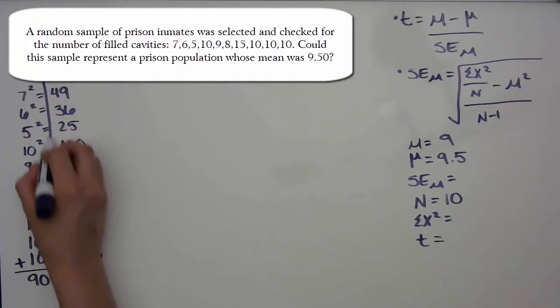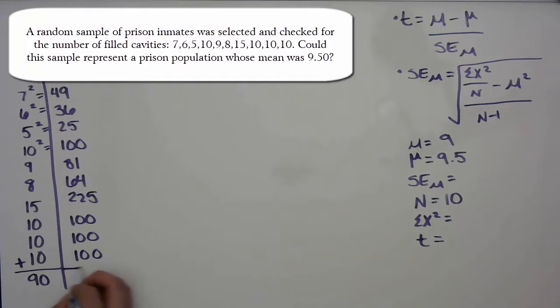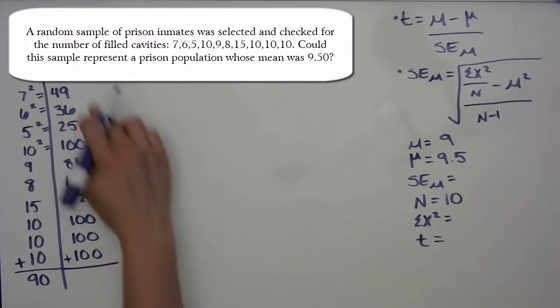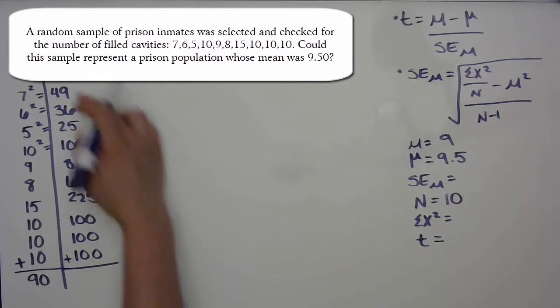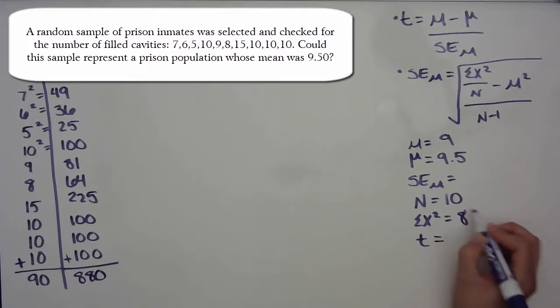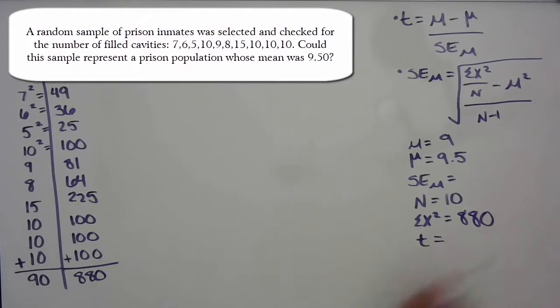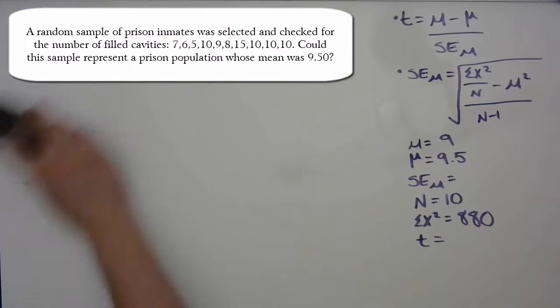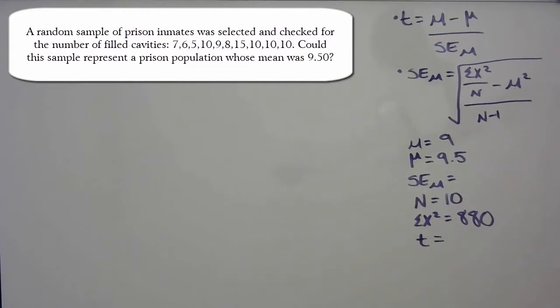Let's draw a line there to separate those. Then we need to add all of these up. When we add all these scores together, that is going to give us 880. So that is good. We can go ahead and erase all of that.